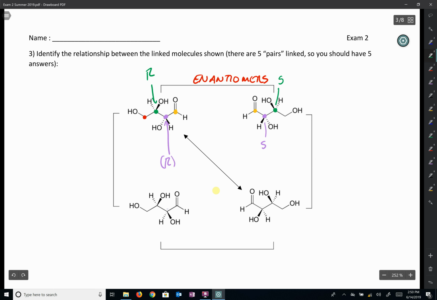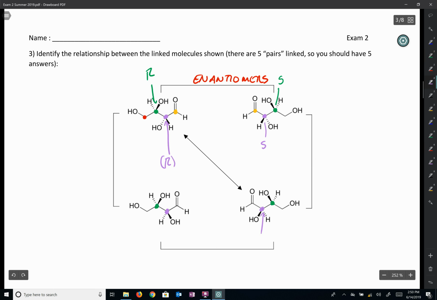And I'm going to quickly go through here. All right, so we'll do the exact same assessment here. Let me just label these again. Now we can compare this set of carbons down here.